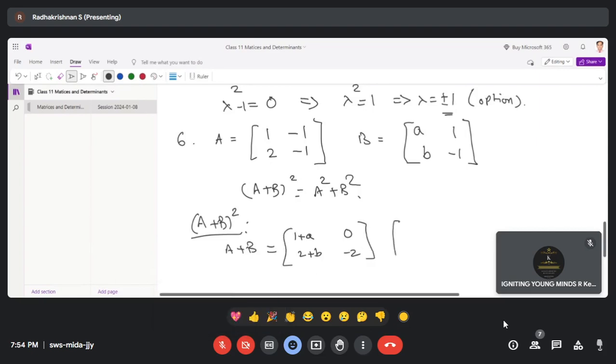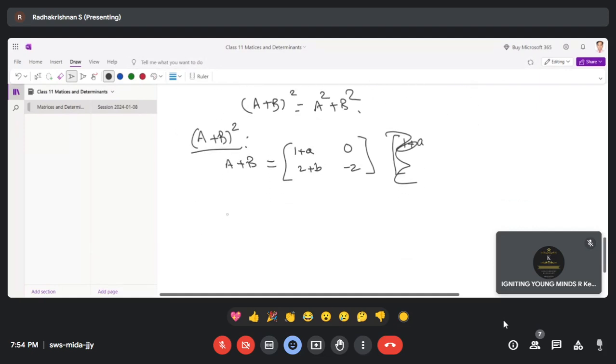So A plus B whole square will be again you multiply by A plus B. A plus B is this.